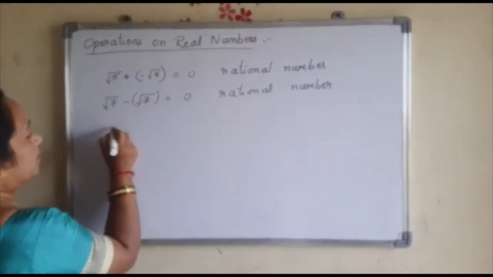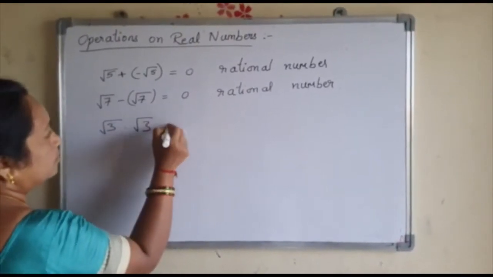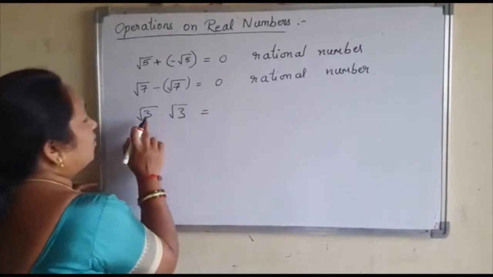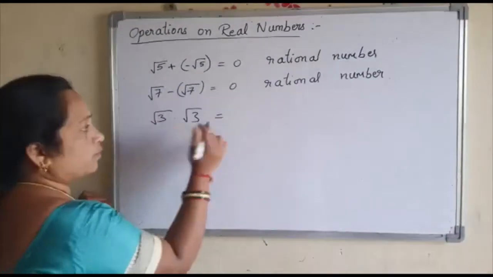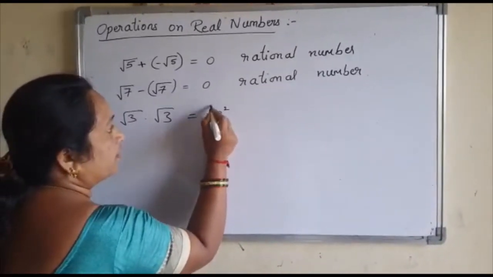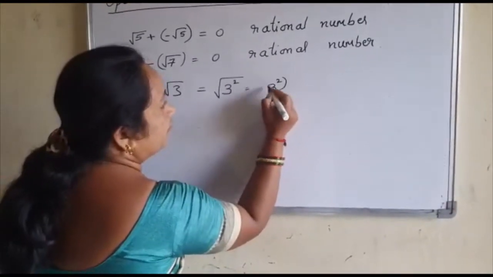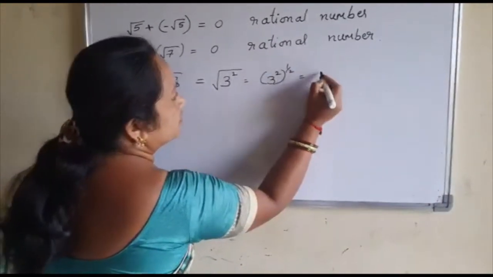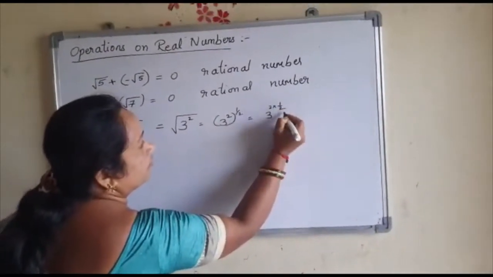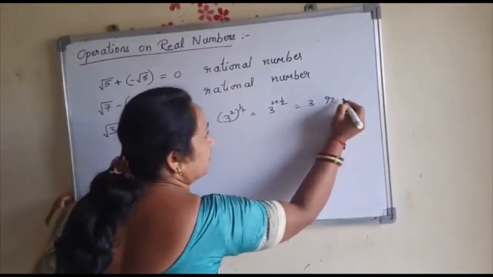Now let us take root 3 into root 3. When you multiply two square roots, you get 3 square under root. Now we know that root 3 is nothing but 3 power 1 by 2, which is equal to 3 into 3 power 2 into 1 by 2, which is equal to 3. Again here 3 is a rational number.